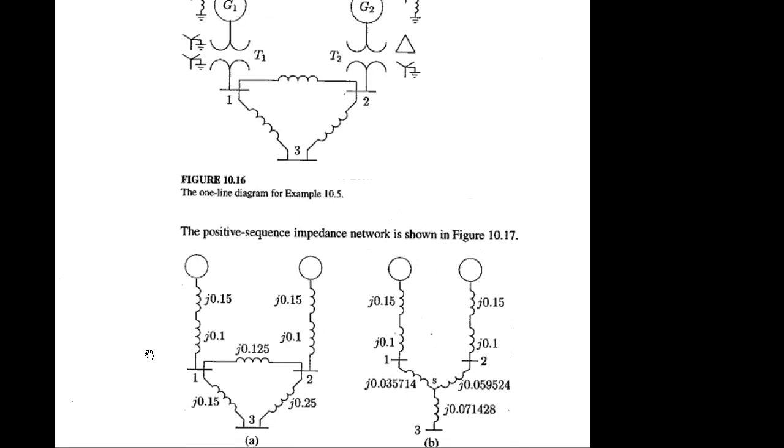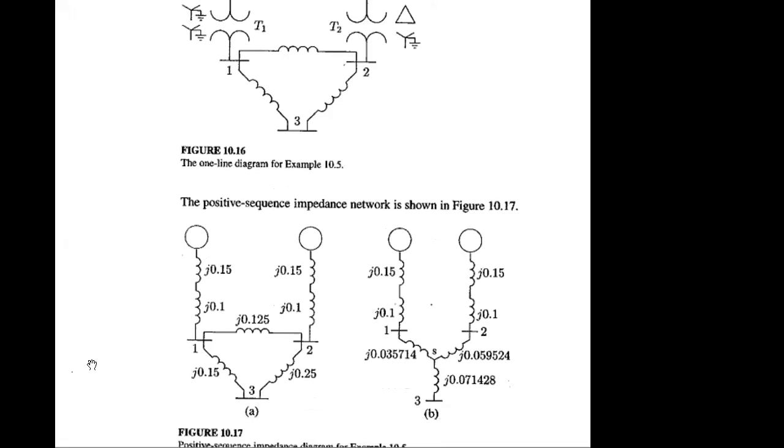Earlier you could just call it an impedance diagram, but now you have to mention specifically that this is the positive sequence impedance diagram. After rearrangement, this delta part can be replaced with its equivalent Y, the delta Y configuration. We know how to shift delta Y, right?